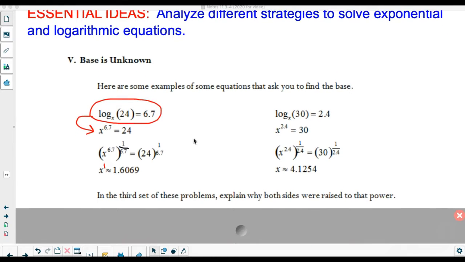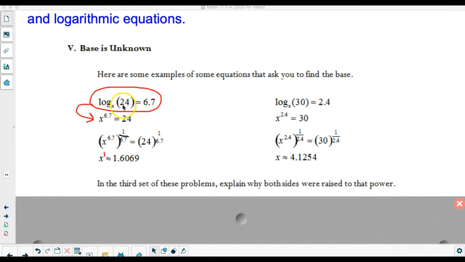Bottom line, we have log base x of 24 equals 6.7. Because I have a variable inside my log, I want to switch form into an exponential, which is the base of the log to the exponent of 6.7 equals 24. Now I have x to the 6.7 equals 24.